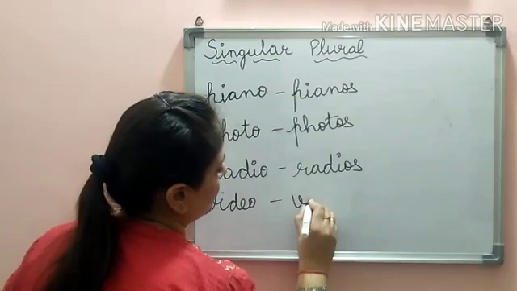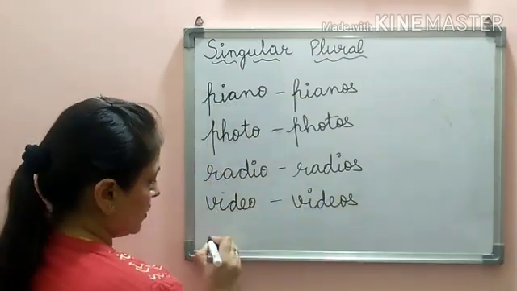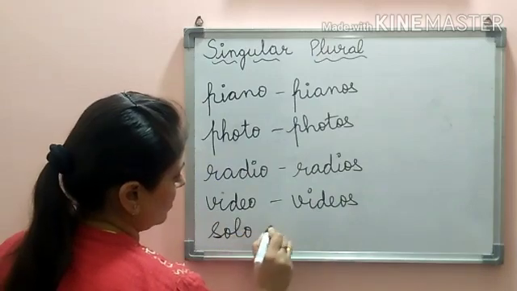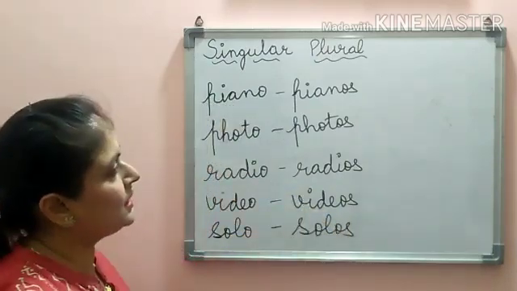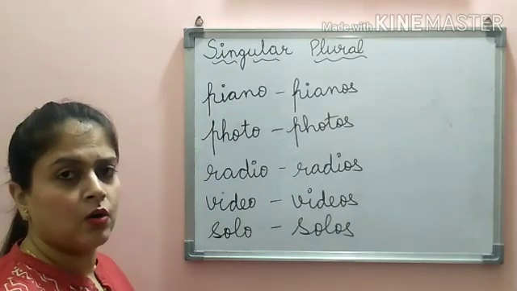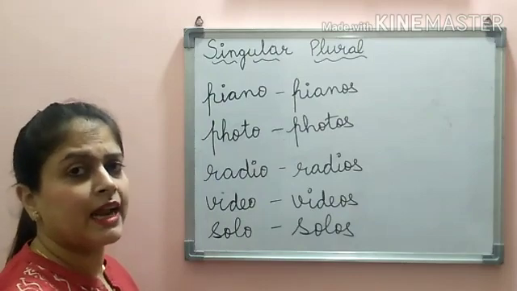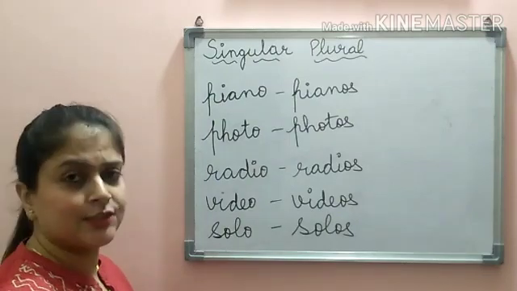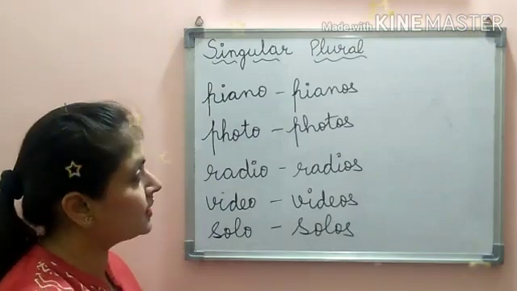It will become videos. Solo. Solos. So these are a few examples of how I am adding s. The words are ending at o, but still I am only adding s to them. I think the concept is clear till here.